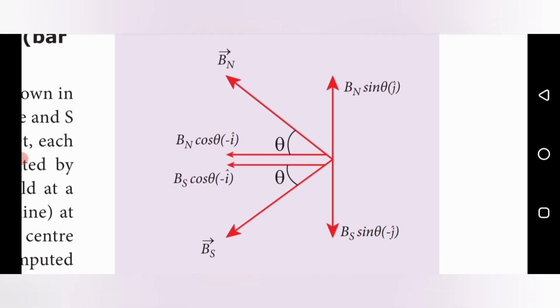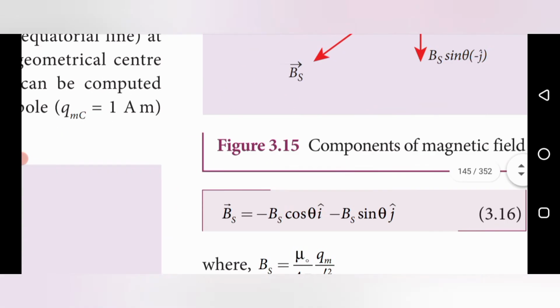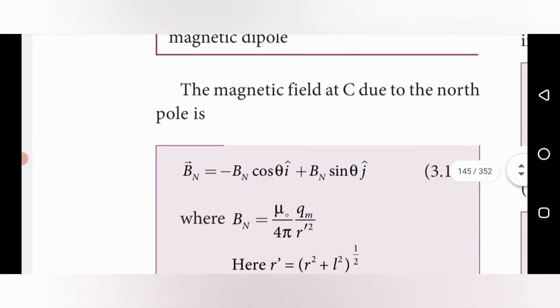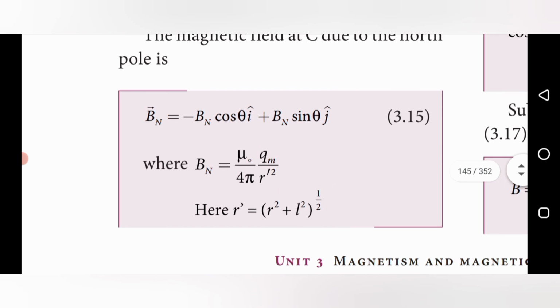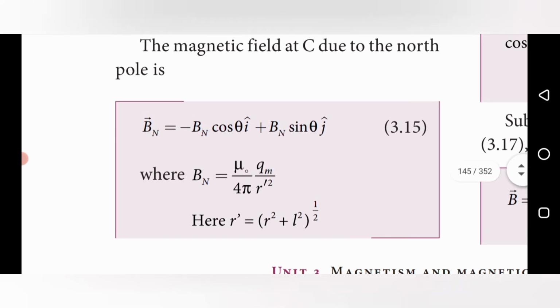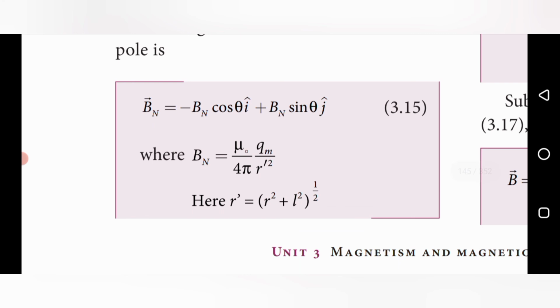So Bn cos theta, then Bs cos theta, which is in the negative i direction, and now we have to find the expression for that. Only the Bn cos theta value remains; the sin theta value is cancelled.